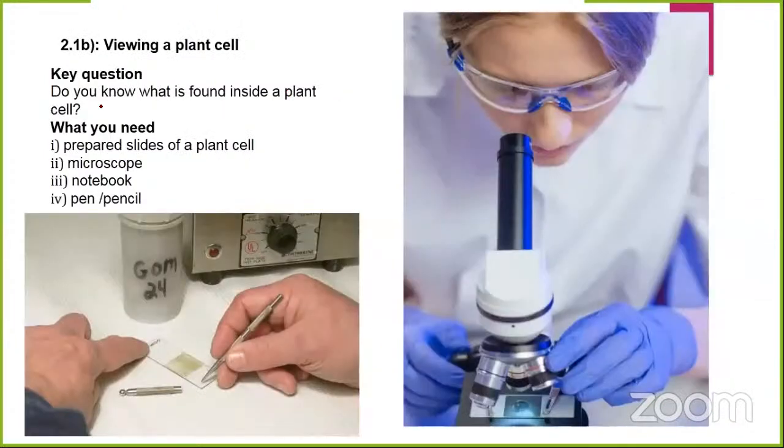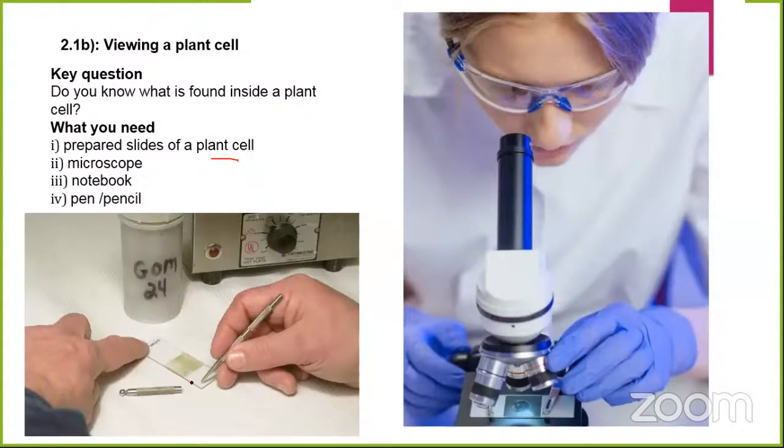Now, under the plant cell, do you know what is found inside the plant cell? This is what you need: prepared slides of a plant cell. You can see this guy here was trying to prepare a slide of a plant cell.